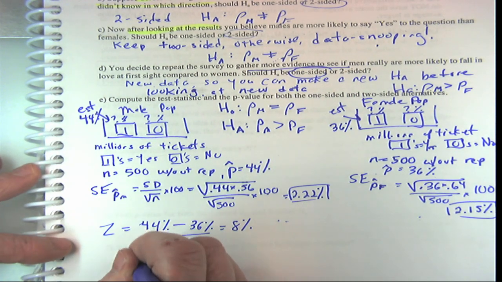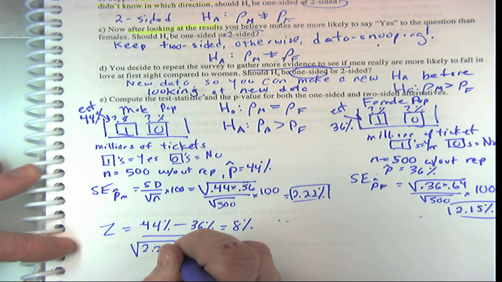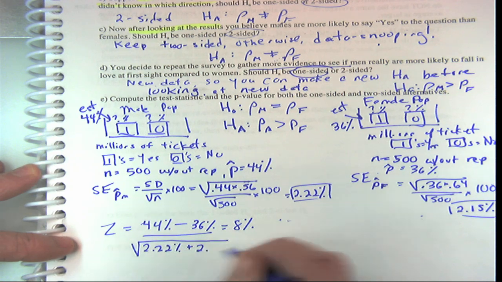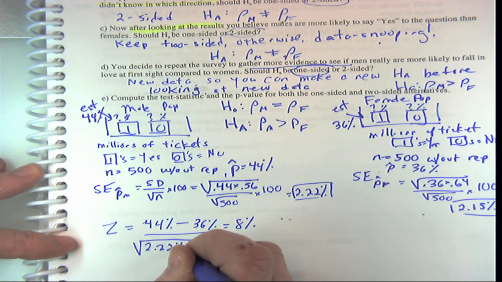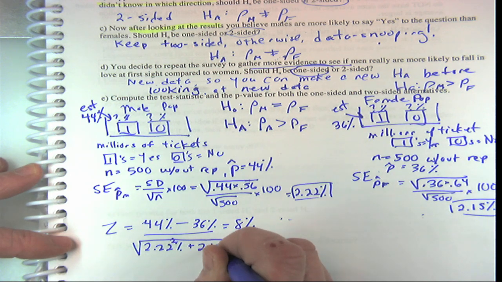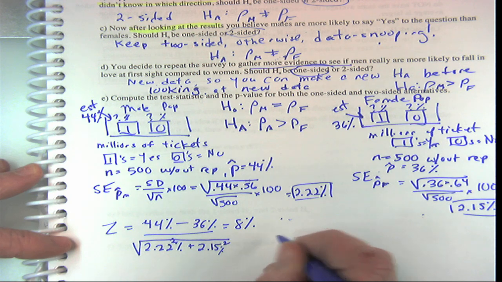So we get the square root of 2.22 squared plus 2.15 squared.